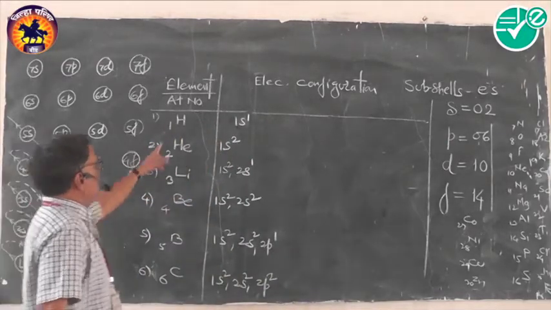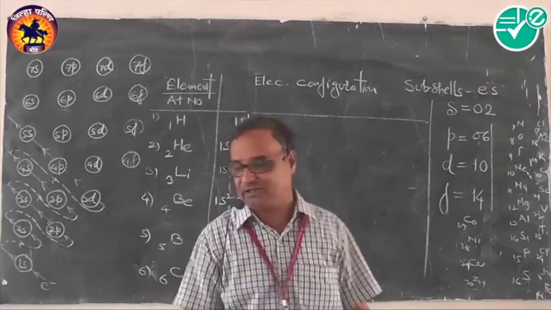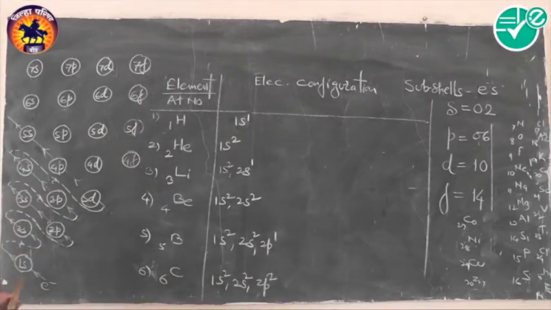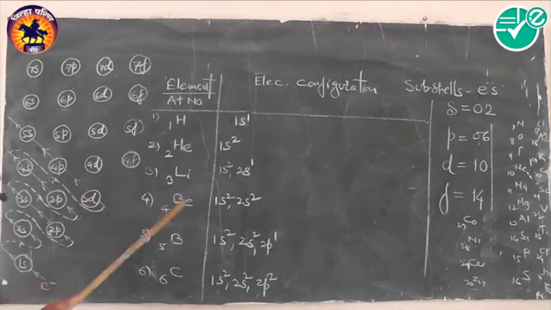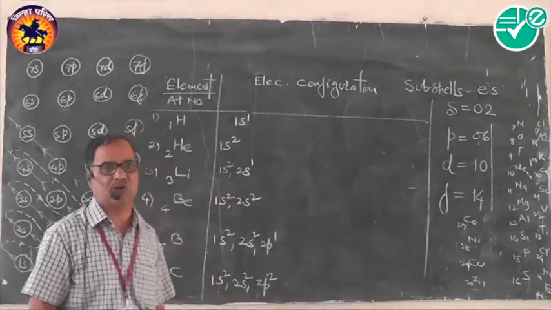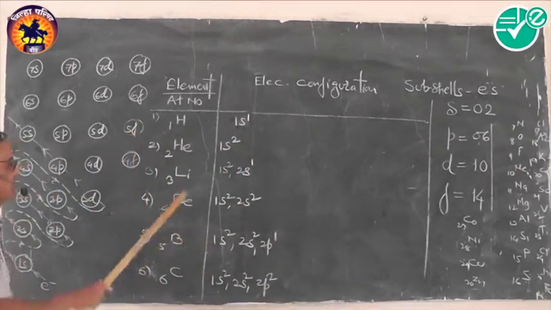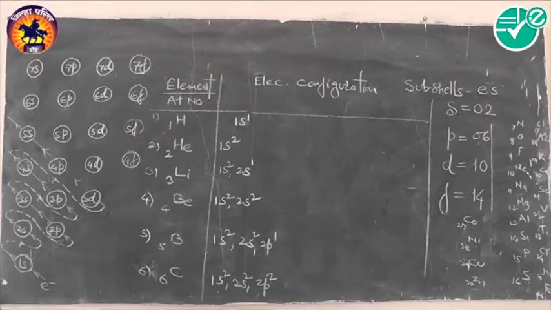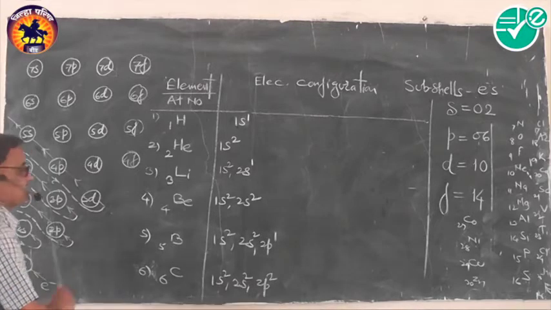Hydrogen is the first element in the periodic table. So hydrogen has atomic number 1, which means it has 1 proton and 1 electron around the nucleus in the K main shell. So add the first electron in the 1s sub-energy level, or s orbital.